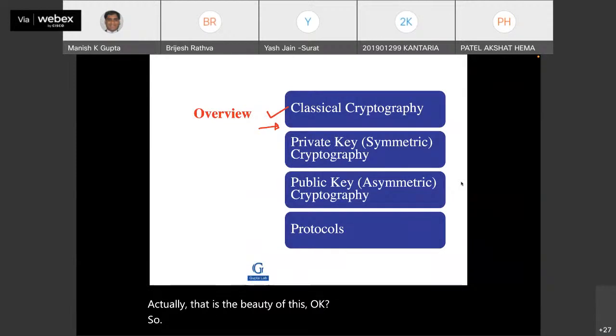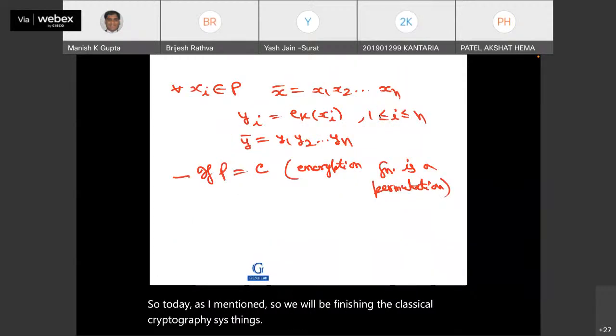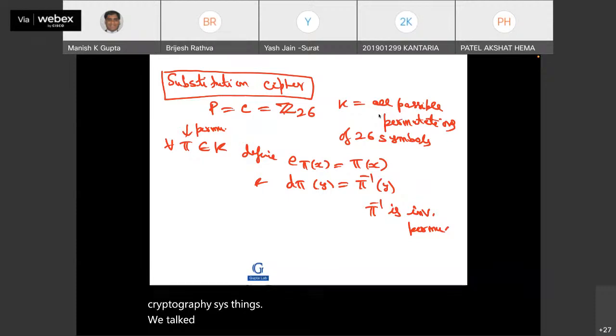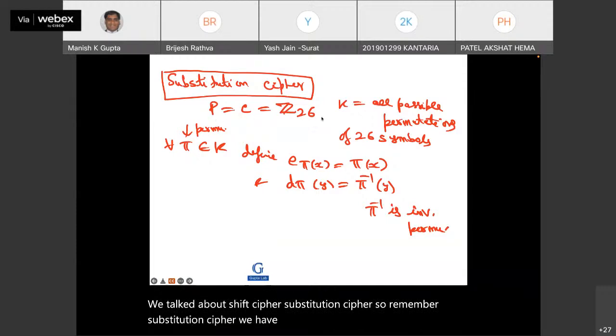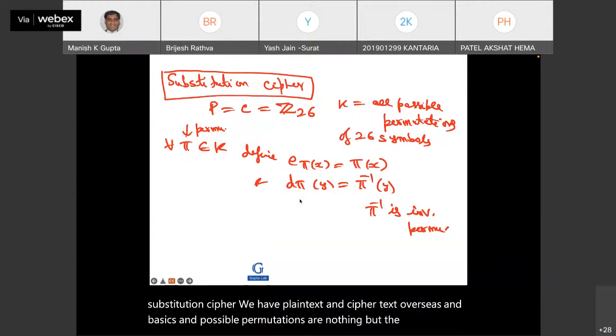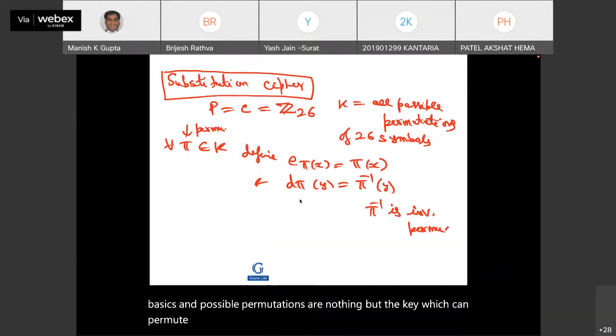Today, as I mentioned, we will be finishing the classical cryptography topics. We talked about shift cipher and substitution cipher. Remember, in substitution cipher we have plain text and ciphertext over Z26, and the possible permutations are nothing but the key, which can permute, so basically just substitute the alphabets.